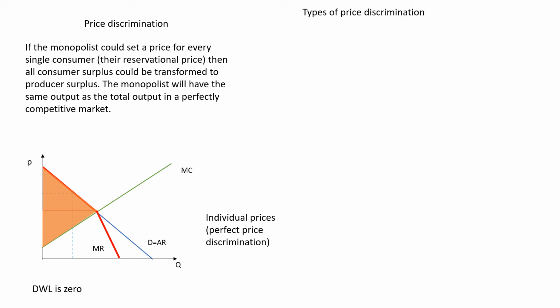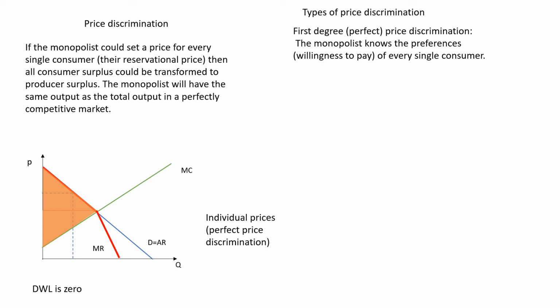Let us look at the three main versions of price discrimination. The first degree, or perfect price discrimination, we have just discussed. It requires that the monopolist knows the preferences of every single consumer, which is a very unlikely assumption to make with the exception of some very few economic activities.